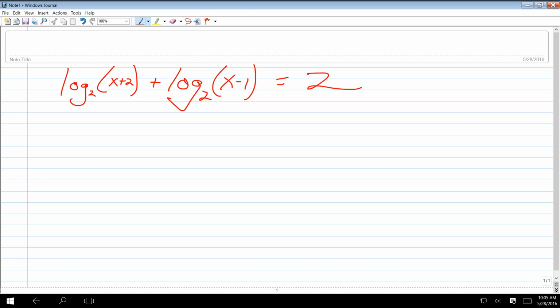All right. So you multiply these. Go ahead. So what's the next line? So it would be log base 2 of x plus 2 times x minus 1.